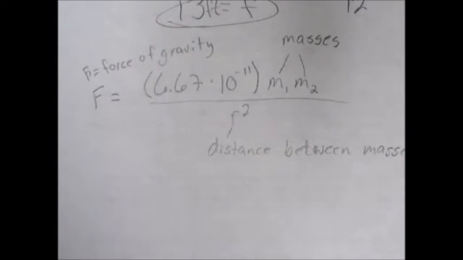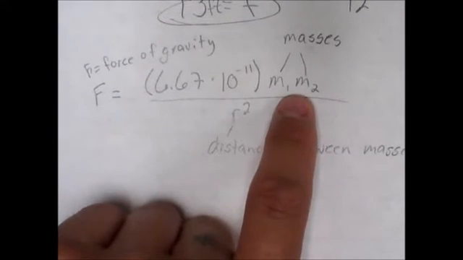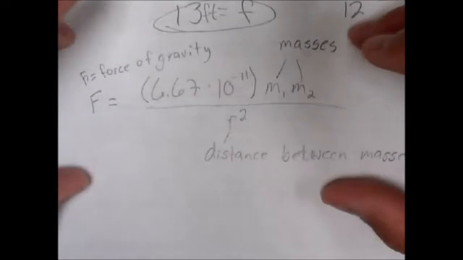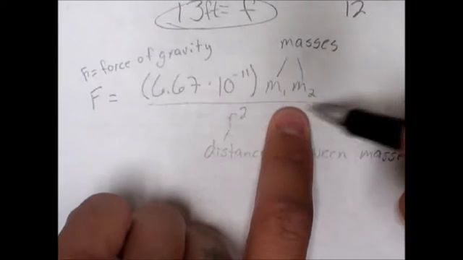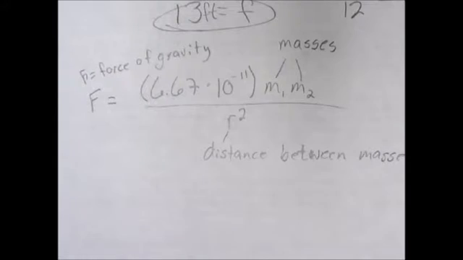So you can rearrange this formula for the force of gravity to be a formula for the mass of one object. So basically what it's telling us is isolate the mass of one of these objects. Using this formula, knowing the force of gravity, we can find the mass of a planet by isolating one of these objects. Okay, so we're going to see if we can figure out how to do that.